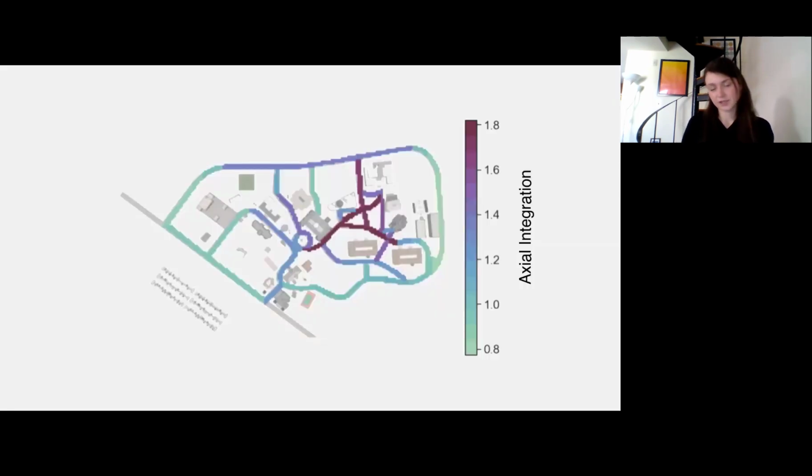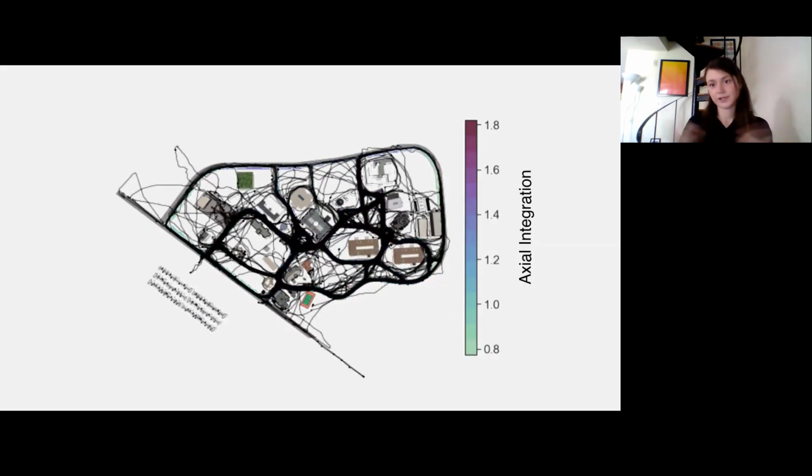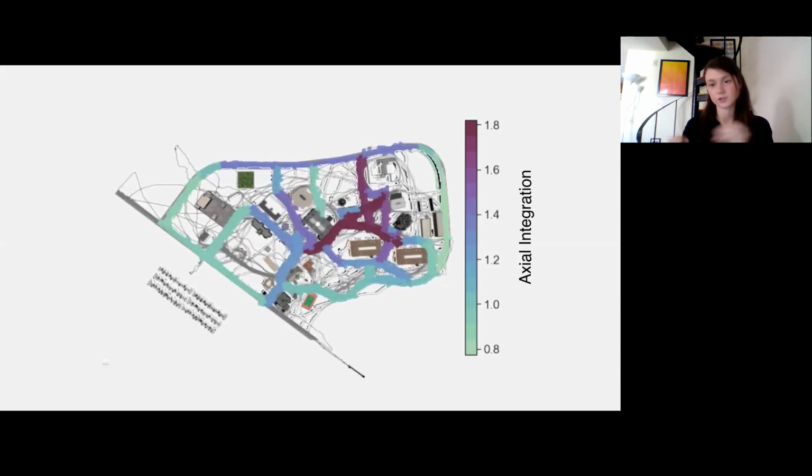So now taking this plot, you can overlay it with all the trajectories again, and then simply extract the parts of the trajectories that are overlapping with the actual street network, and then calculate the mean on a person-by-person basis. And so here each dot is a person, and this would be the average experienced integration. So the average integration value of all the points that they experienced in space.